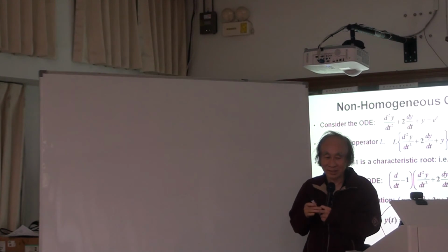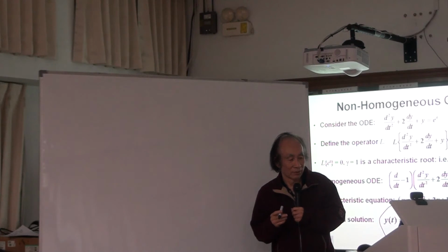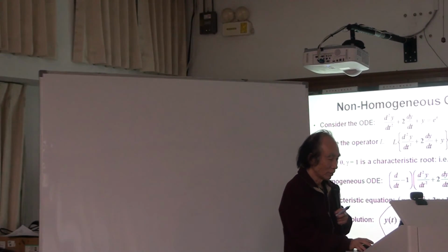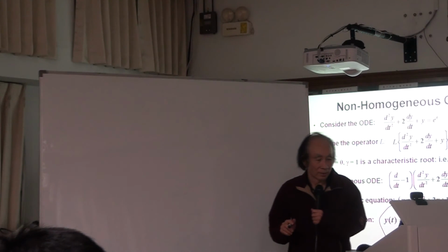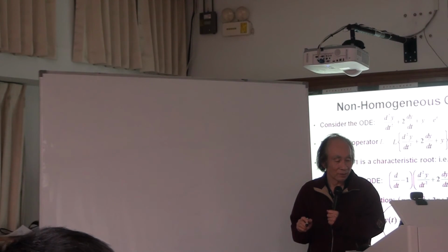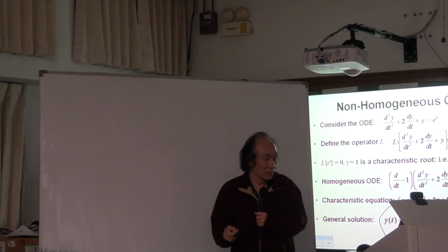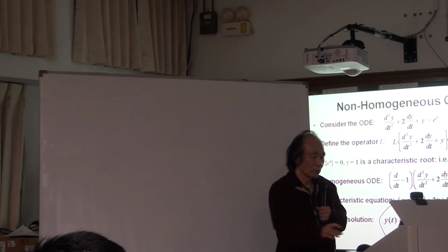Now, if you solve this equation, we have two important terms. One is A e^t. The other is C1 e^(-t) + C2 t e^(-t), because we have a repeated root here.